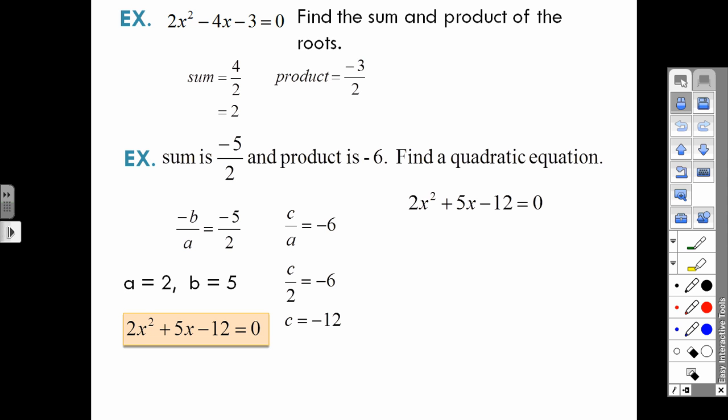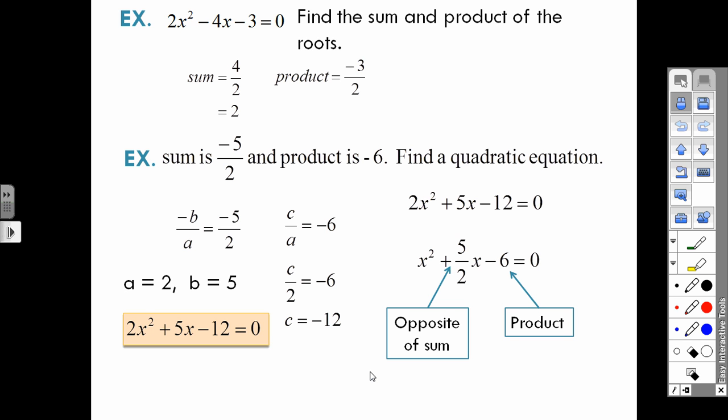Dividing everything through by 2, we get x squared plus 5 over 2x minus 6 equals 0. Notice the 5 over 2 is the opposite of the sum, and negative 6 is exactly the product. So opposite of sum, product, which means you could build this equation by taking the opposite of the sum and plugging it in for b, and the product is c.